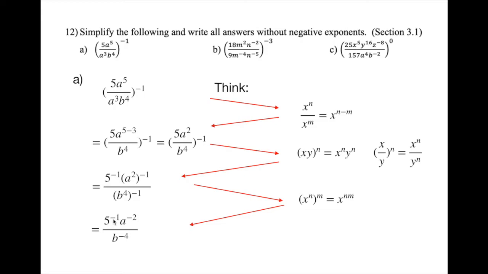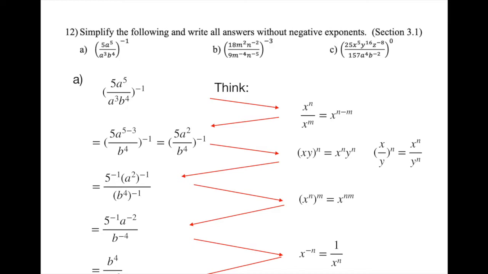The next step, we don't like negative powers. Then how to deal with that? I think we already talked about that in the previous question. We use this formula again to change the negative power to the positive power. So everything changes to the reciprocal of itself. So this 5 to the power of negative 1 will become 1 over 5 to the power of 1.